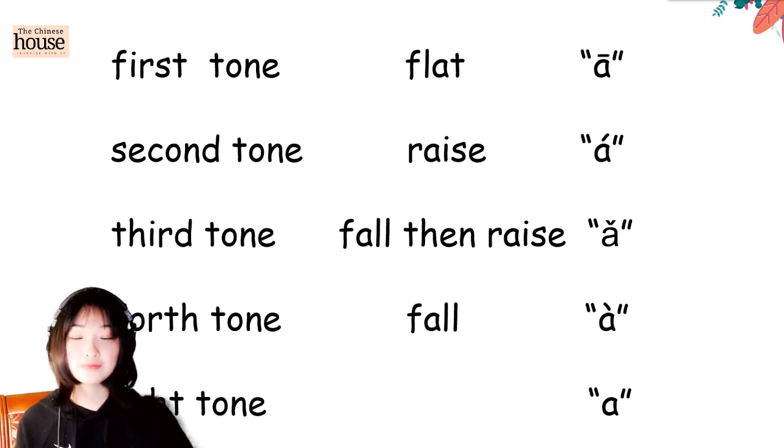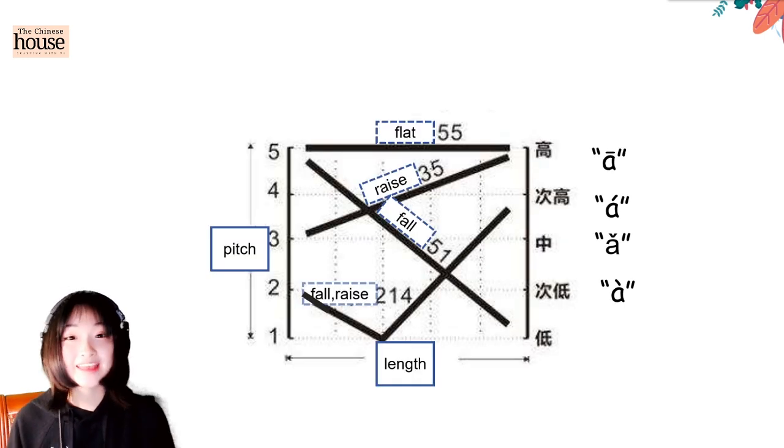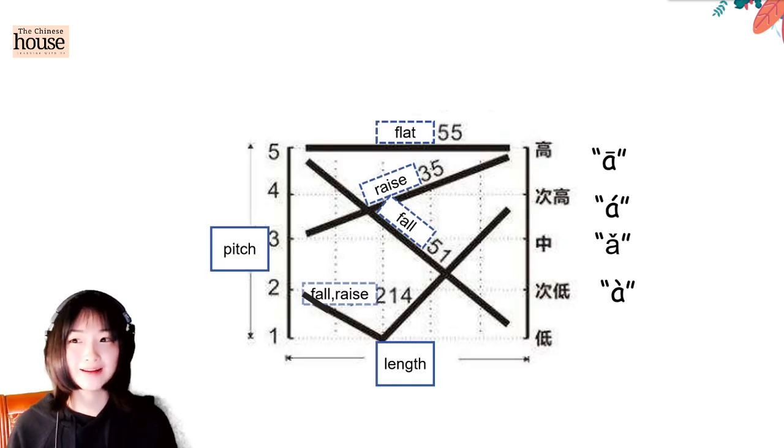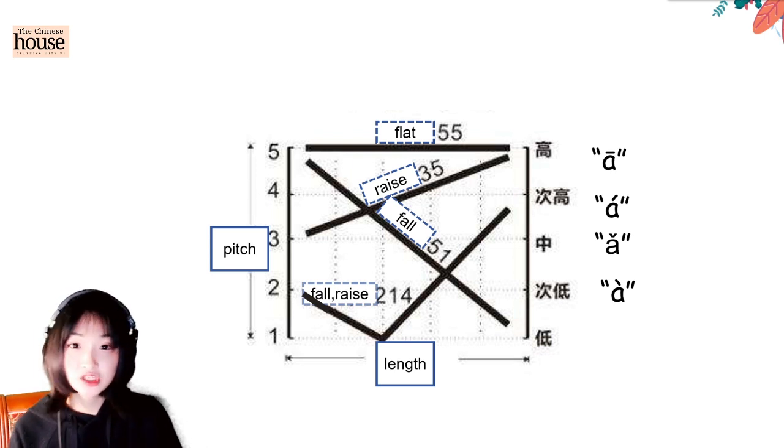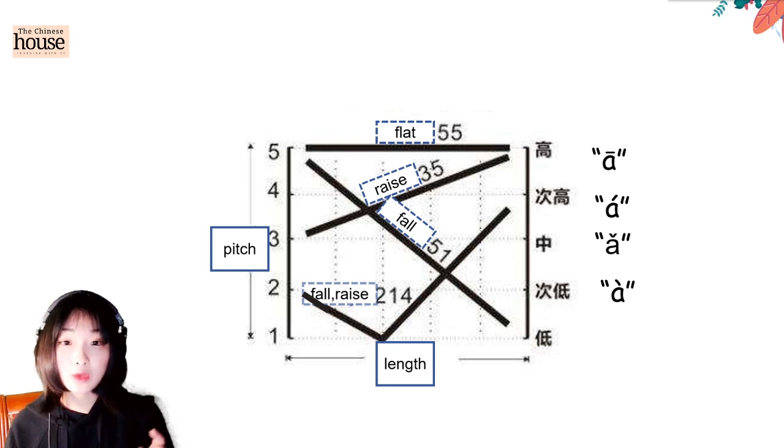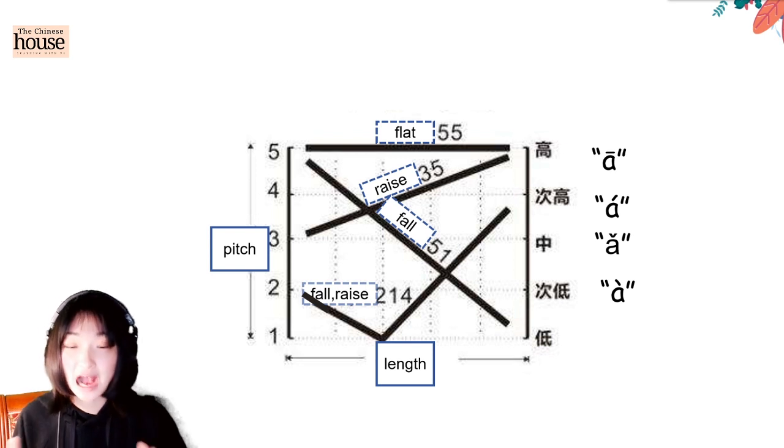And the light tone. There are rules behind it, but anyway, I think learning it by the rules is harder than just simply mimicking it or reciting it again and again. But anyway, we should look at it and see how it forms, okay?